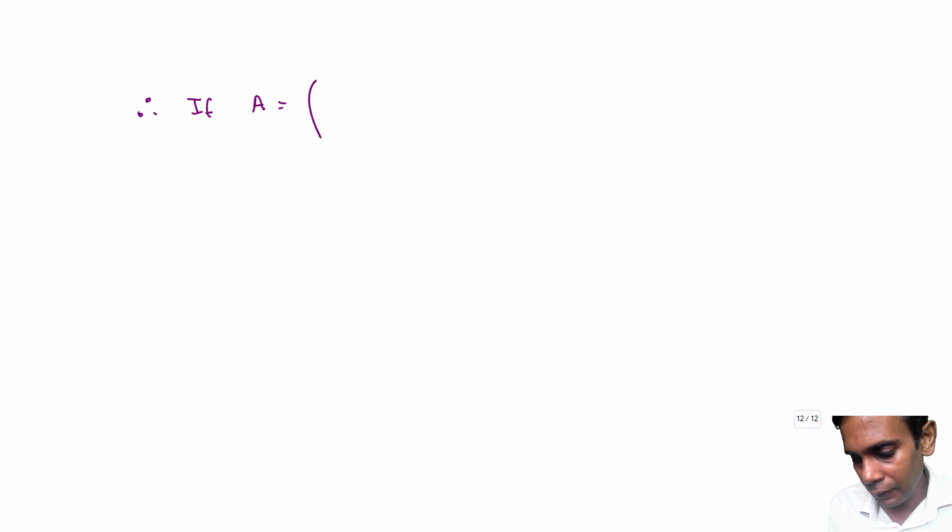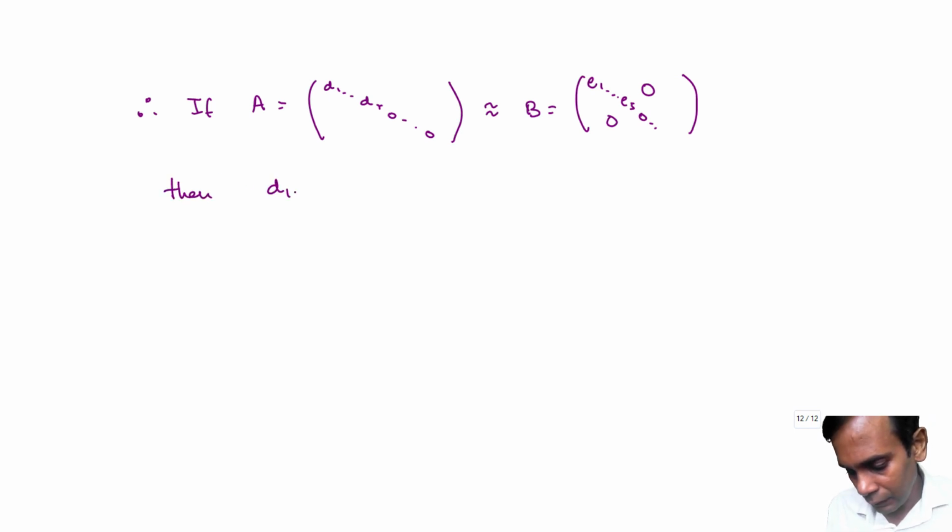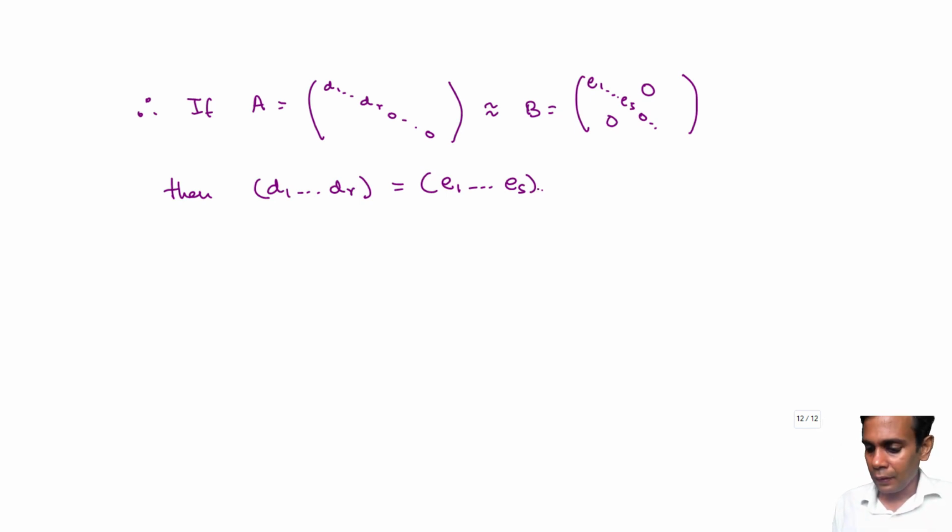And so what we get is that if A, which is diagonal D1 to Dr, is equivalent to B, diagonal E1 to Es, then the ideal generated by D1 to Dk is equal to the ideal generated by E1 to Ek for all k.